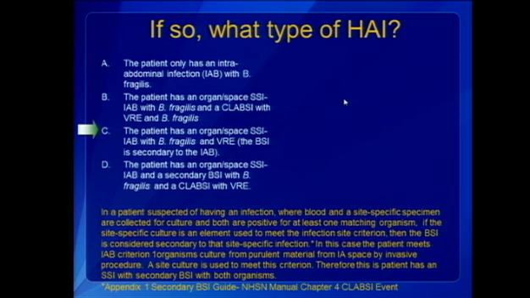The patient meets IAB criterion 1, which is organisms cultured from purulent material from the intra-abdominal space by invasive procedure. A site culture is used to meet this definition. So this patient has an SSI with secondary BSI with both organisms, even though the VRE was not recovered from the IAB. But it is a logical organism that we might expect to see in an intra-abdominal abscess.